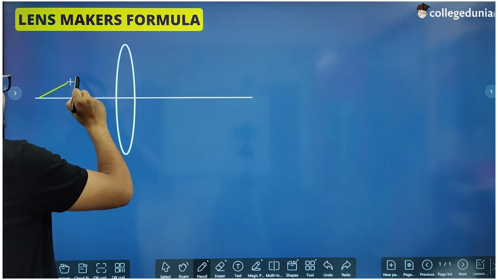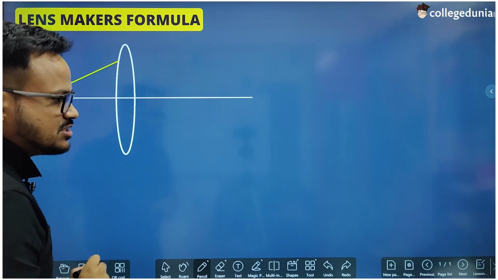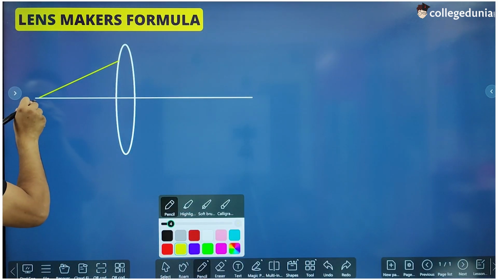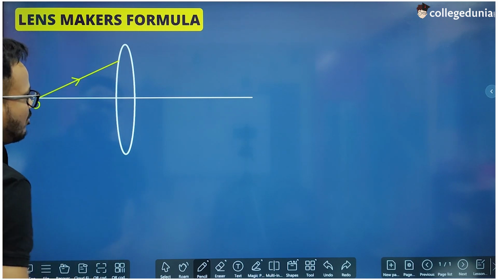So this is a ray, a light ray which is emerging from O. This is one light ray which is emerging from the object O. This is O. This is the point where the object is kept. So this is a light ray which is emerging from O.